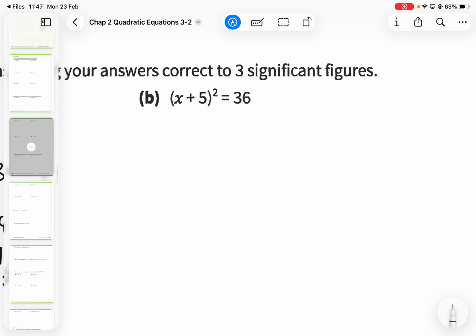Just remember square root need a plus, need a minus. Okay, so x plus 5 equals to plus 6, or x plus 5 equals to negative 6. 1, or minus 5 minus 6 equals to negative 11.